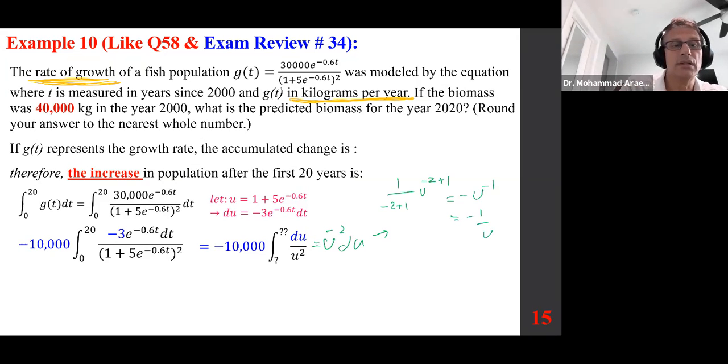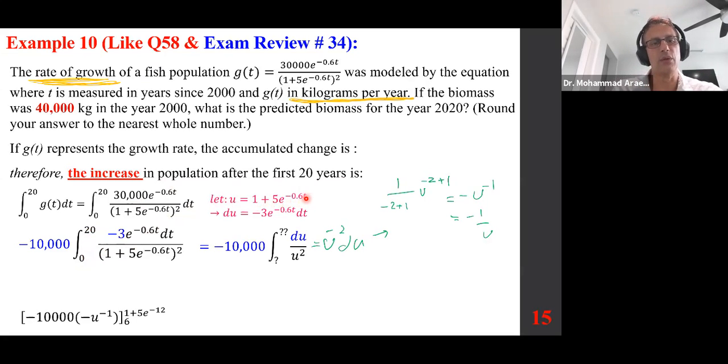What about the limits? Let's plug in 0 here. If you plug in 0, you get 1 plus 5 times e to the power of 0, which is 6. If you plug in 20, we get 1 plus 5 e to the power of -0.6 times 20. -0.6 times 20 is -12.